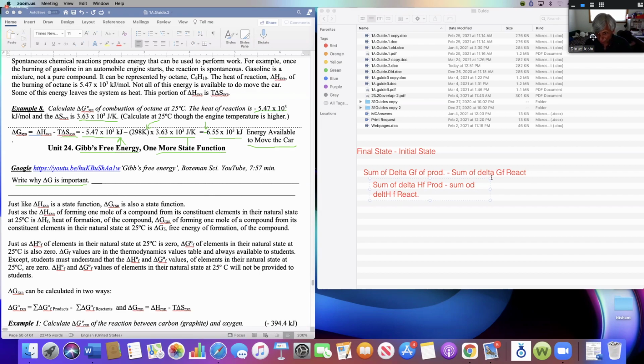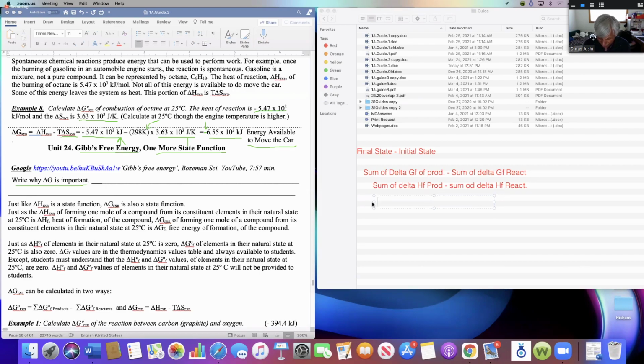So that's extremely similar, just instead of an H, we have a G. That's all there is to it. So both equations are pretty much exactly the same. The third equation for entropy is not the same.